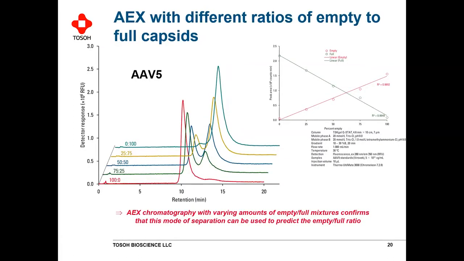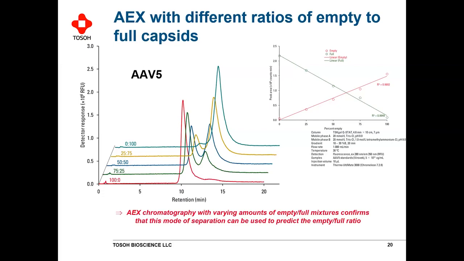In this experiment, again, similar to what Fariha did, we used a mixture of different amounts of empty and full standard to create kind of like a standard curve. First, we start with 100% empty. Then we do 75% empty standard, 25% full, 50% empty, 50% full, 25% empty, 75% full, and 100% full.